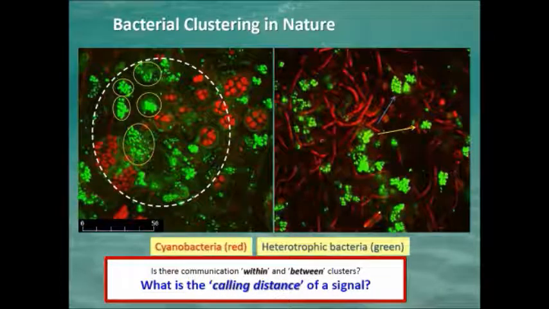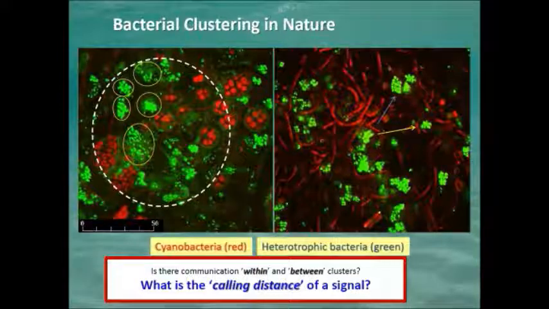When we look at any type of surface, we will see the same clustering of bacteria. And what becomes important in the chemical signaling process is who is communicating. Are they simply communicating within a single cluster, or are clusters communicating with other clusters? And if so, what is the calling distance that signaling can occur? How far can this occur?